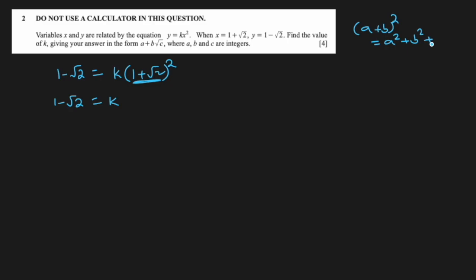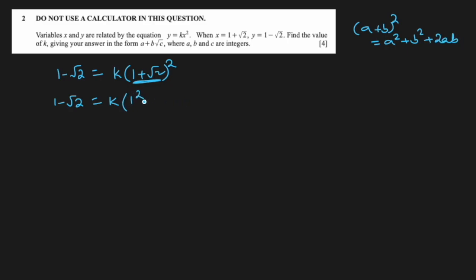So y is 1 minus square root 2. k times x square, so k and x square is 1 plus square root 2 squared. Alright, so 1 minus square root 2 equal to, and I'll have to open this bracket and I will use this one. a plus b square is equal to a square plus b square plus 2ab.